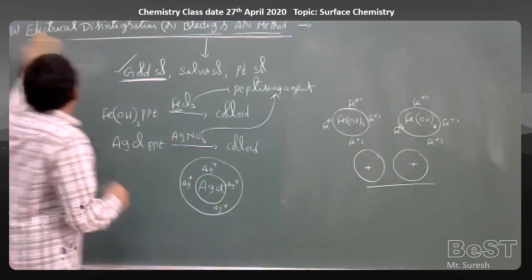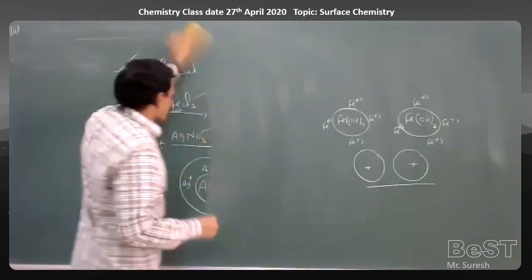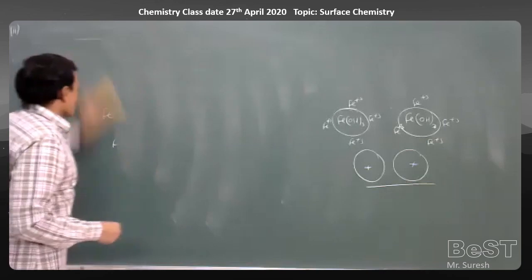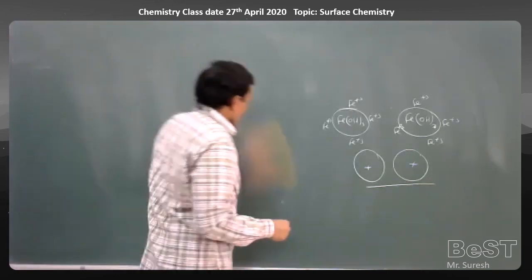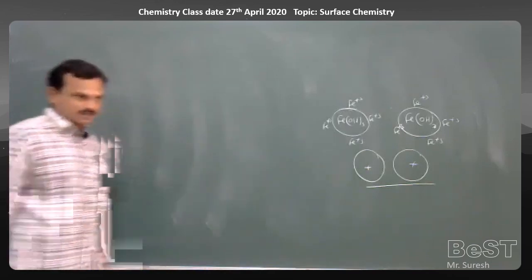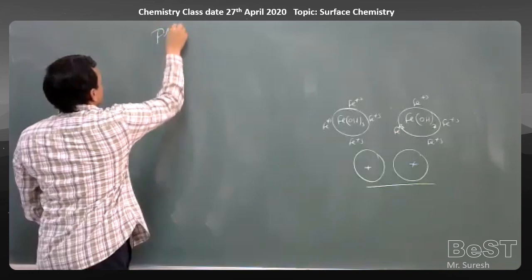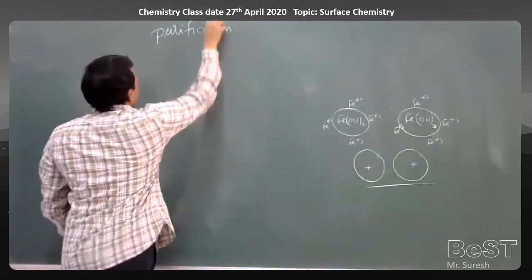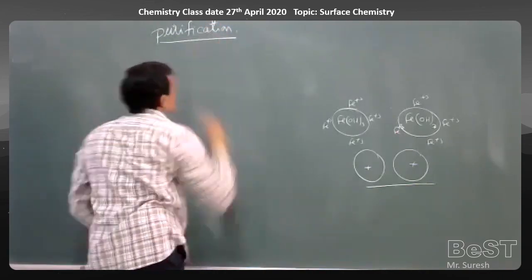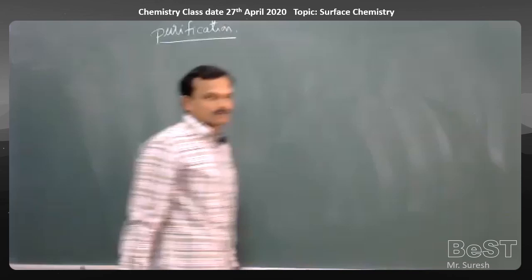Now, after preparation, the colloidal solution obtained here contains some impurities. Those impurities we should remove. That process is called purification. See what the impurities present in a colloidal solution are.